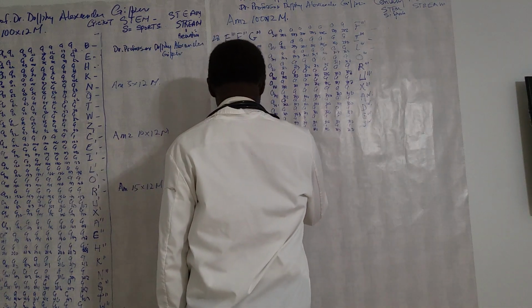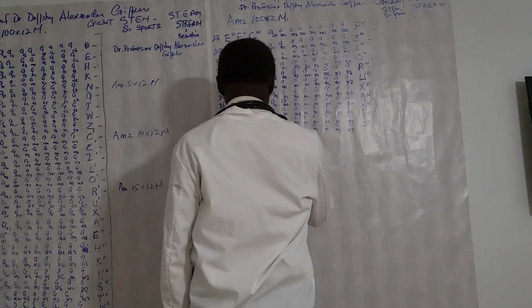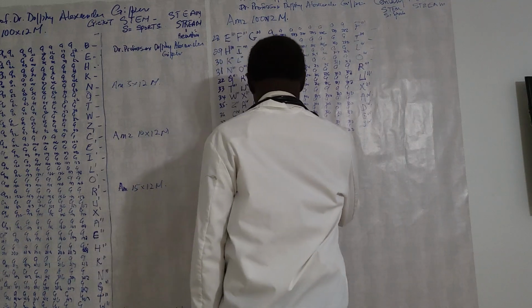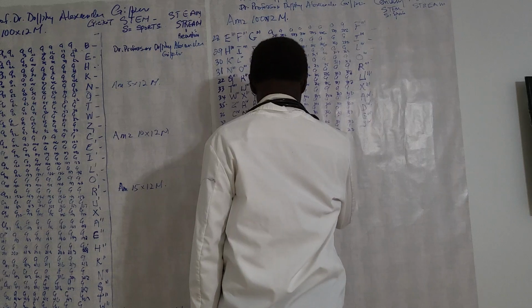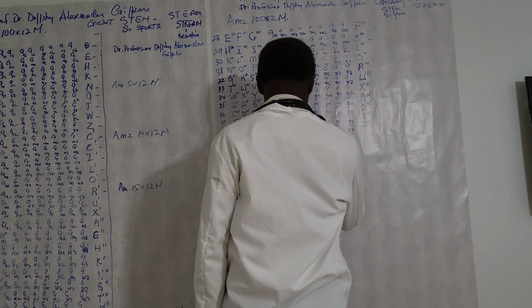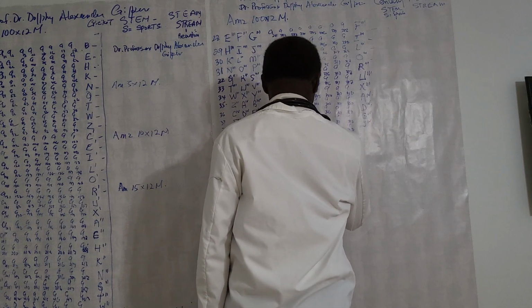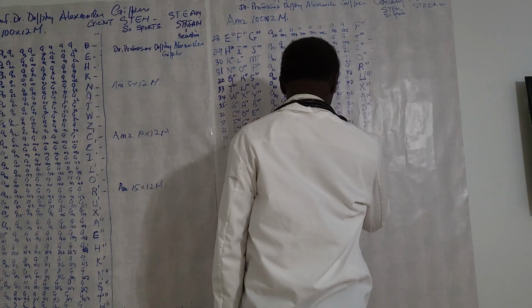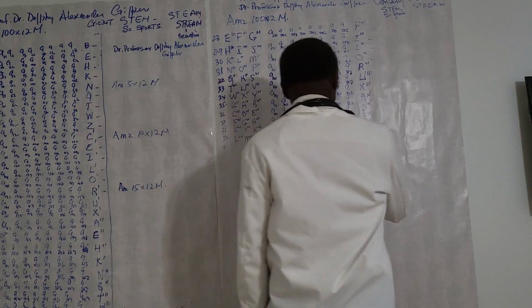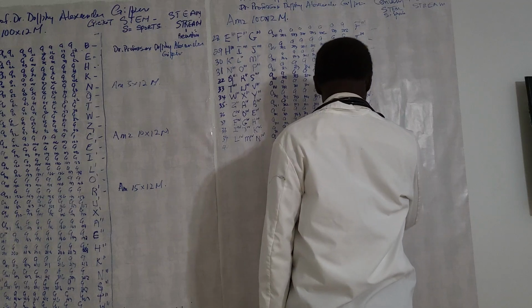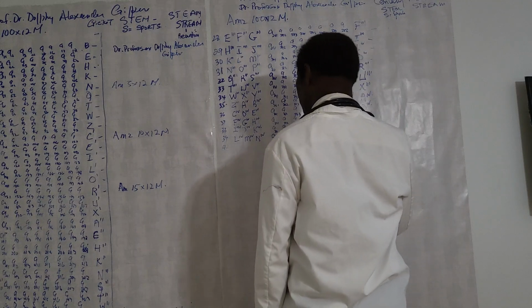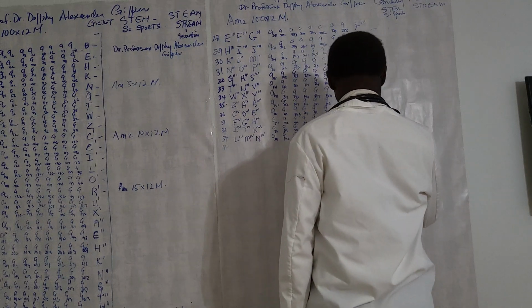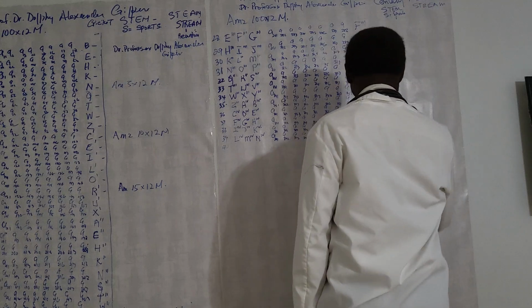L, IV, M, IV, N, IV, and we have now A 39 1, A 39 2, A 39 3, A 39 4, A 39 5, A 39 6, A 39 7, A 39 8, and we have now N, IV.